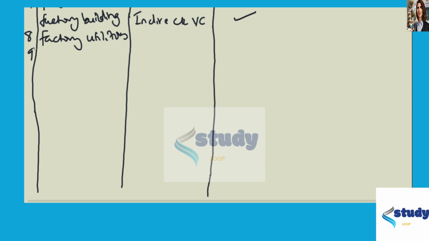The ninth one is the finishing department hourly laborers. This is a direct variable cost.